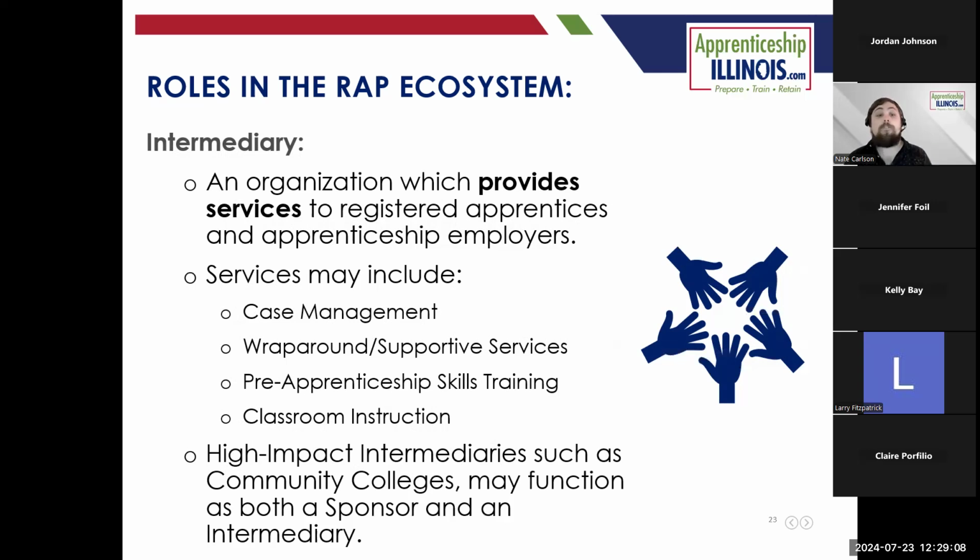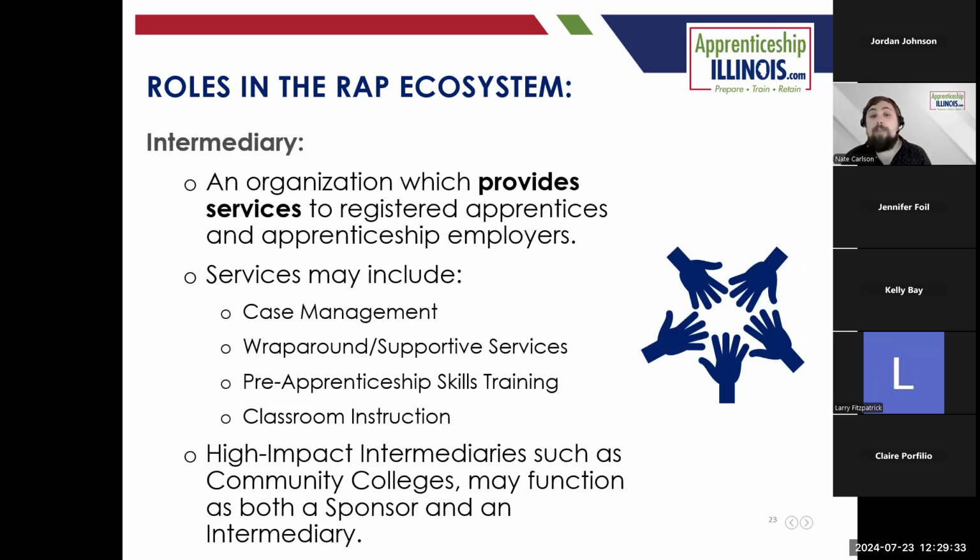Community colleges are often high impact intermediaries, we call them, because not only do they provide classroom instruction, but they may also do case management. They may help with wraparound support services. They may also function as the sponsor. And community colleges are one of the most important partners we have in apprenticeship expansion in the state of Illinois because they are often so well equipped to be these high impact intermediaries.